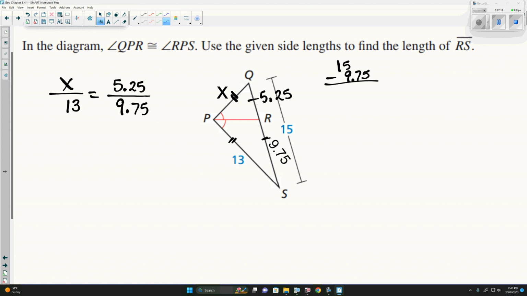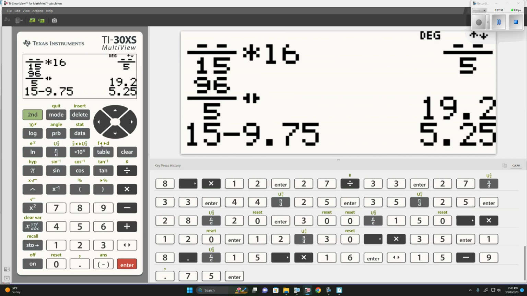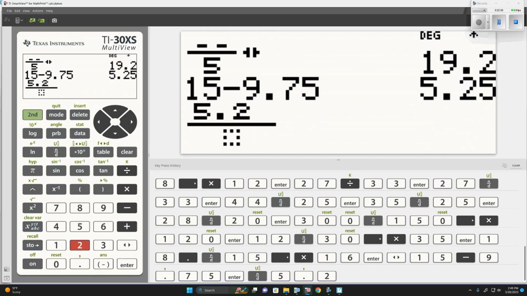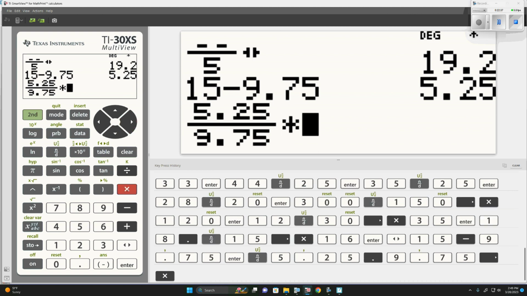So we will need to multiply both sides by 13. These will cancel. 5.25 over 9.75 is being multiplied by 13.